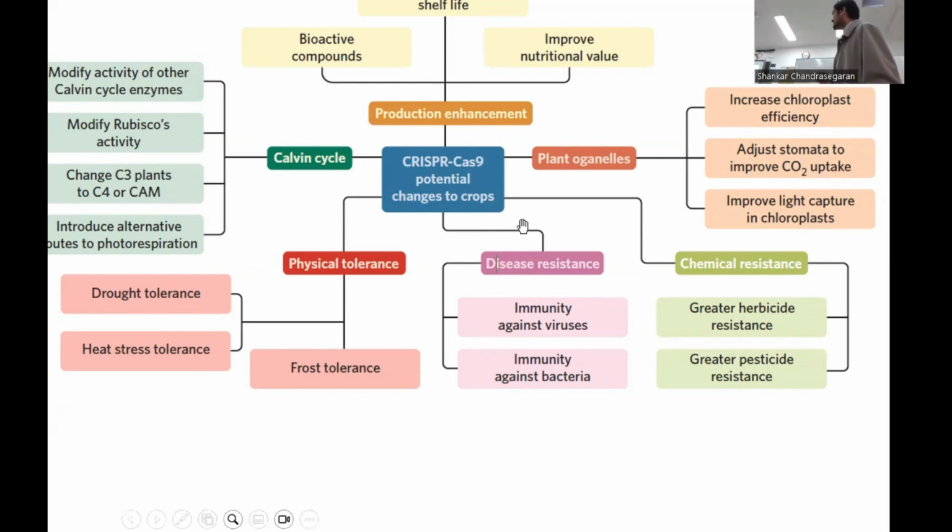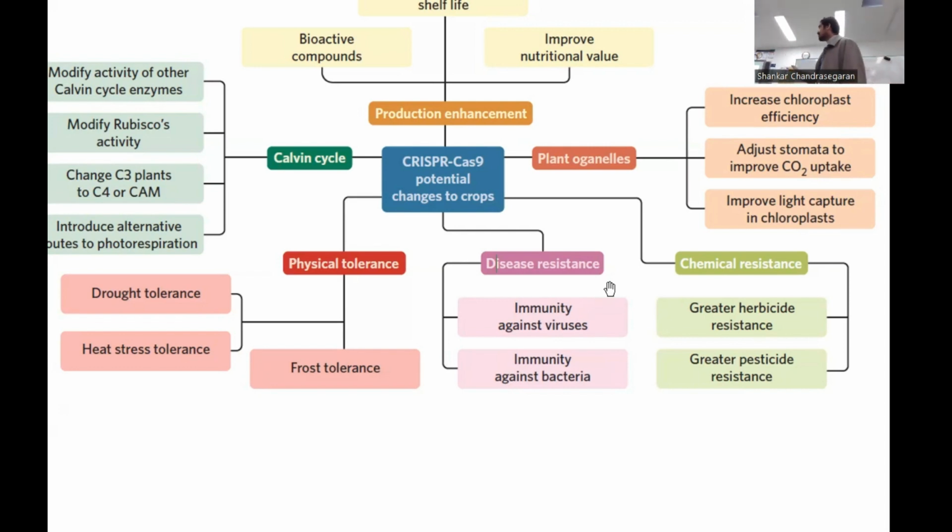Next is disease resistance. This is basically improving the immunity such that they will have immunity against viruses and bacteria, which again, like I said, by modifying your genome, there's just too many things that you could do. The possibilities are very much beyond your imagination.